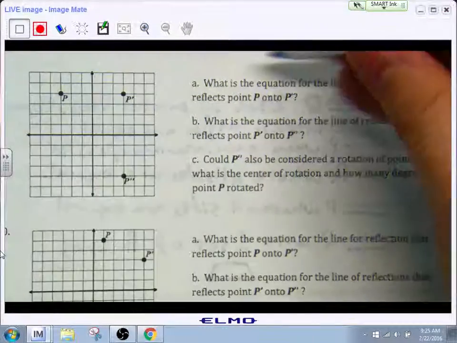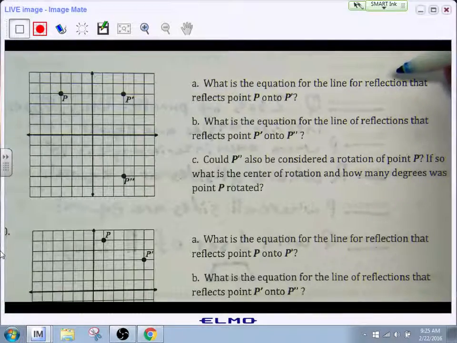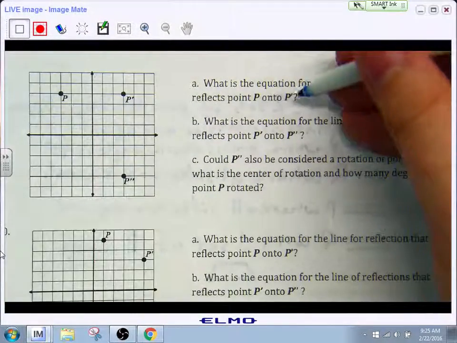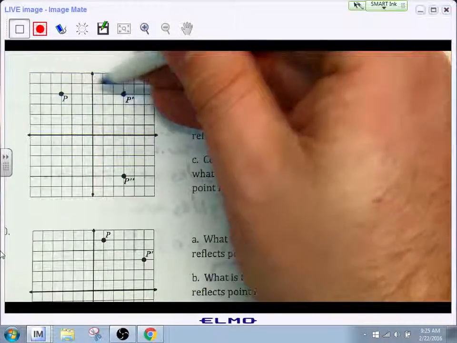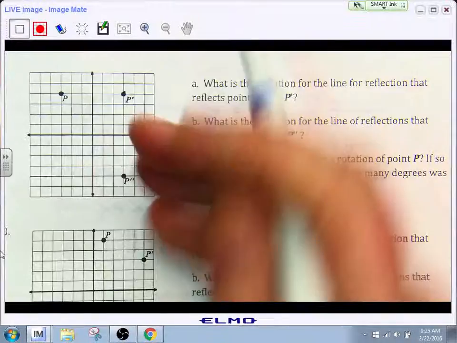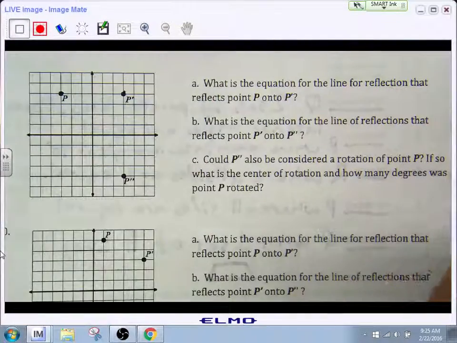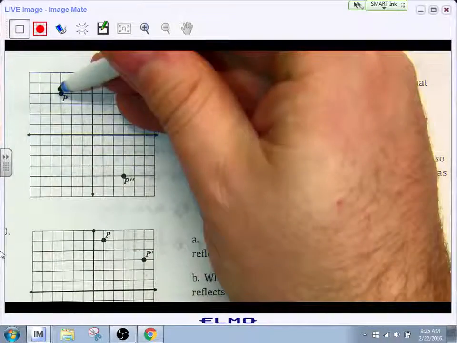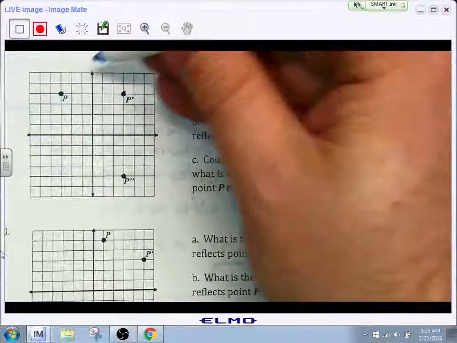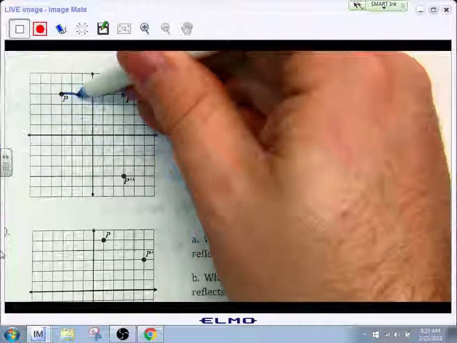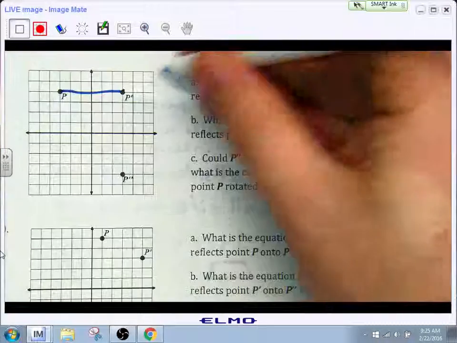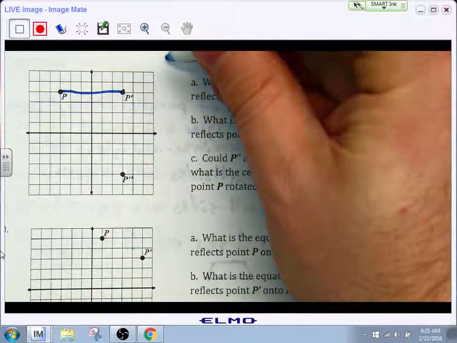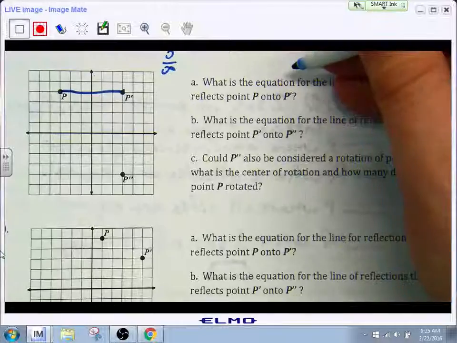So this first part asks, what is the equation for the line of reflection that reflects P onto P prime? In between P and P prime, we can imagine there is some sort of mirror, a line that shows that mirrored relationship. So the first thing I have to do is look at this relationship here. I see that it rises 0 and runs infinitely.